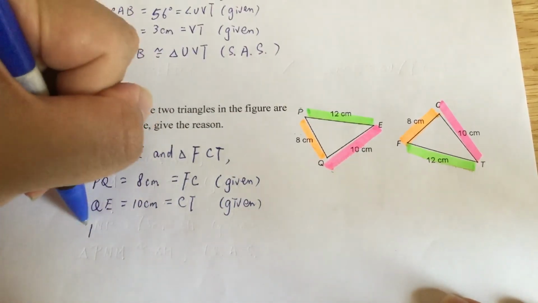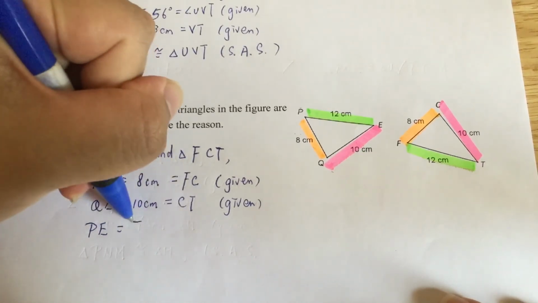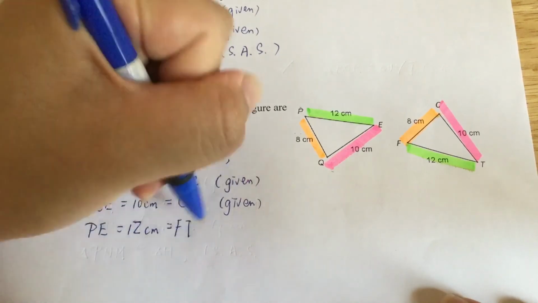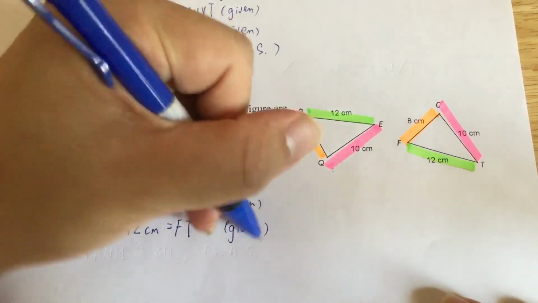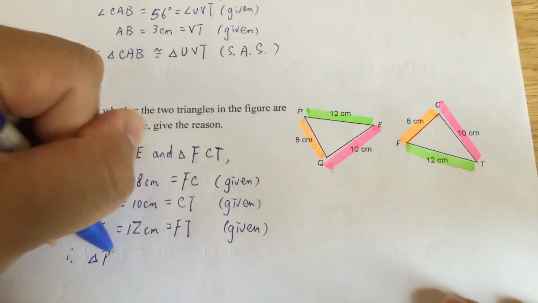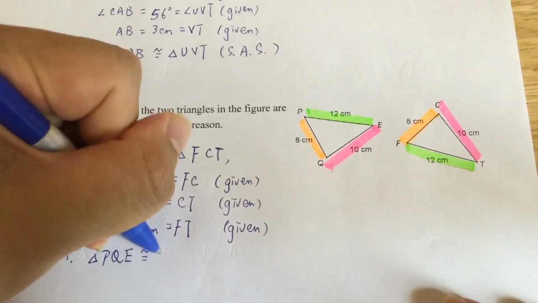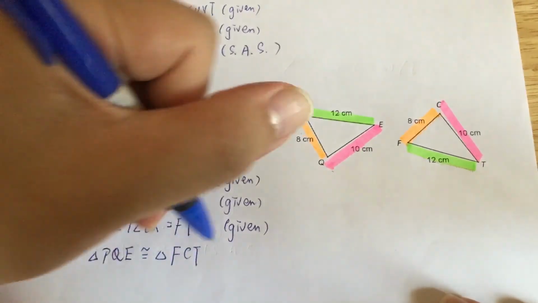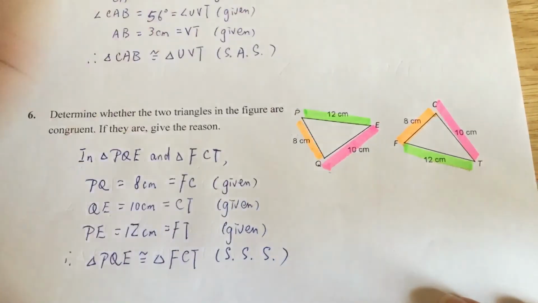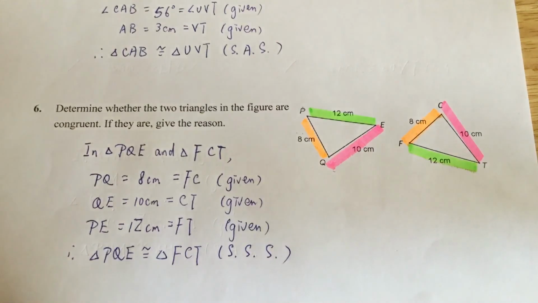And then finally, PE is equal to 12 cm, equal to FT, once again given. We have 3 given here. So finally, we have triangle PQE is congruent to triangle FCT. The answer of this one is S, so this is side.